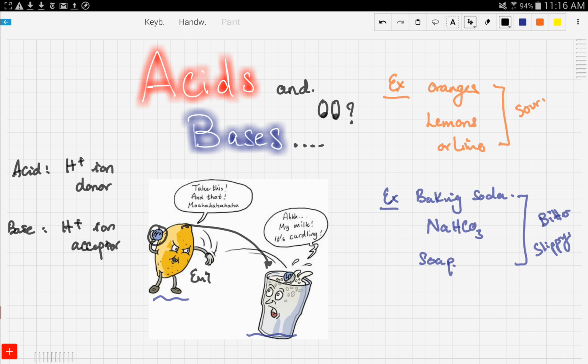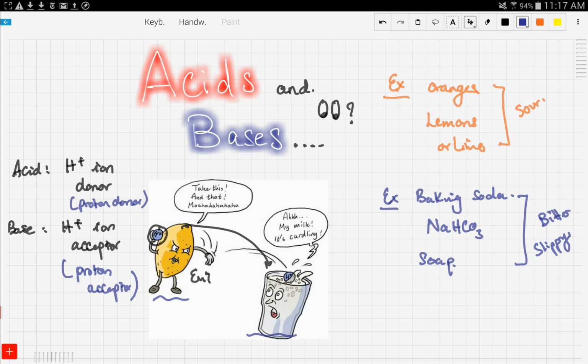In other words, that means that the acid is a proton donor and the base is a proton acceptor. So this is the chemistry definition of acids and bases.